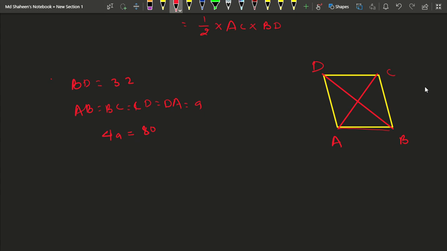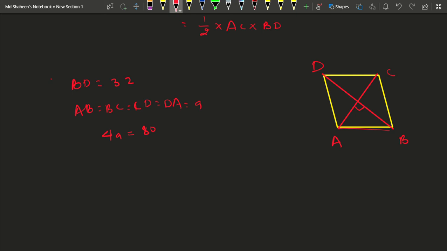And always remember one thing, that the diagonals of a rhombus cut each other at 90 degrees always.